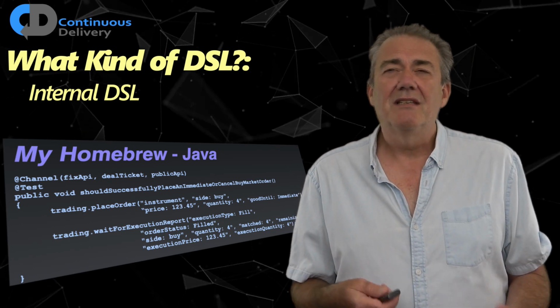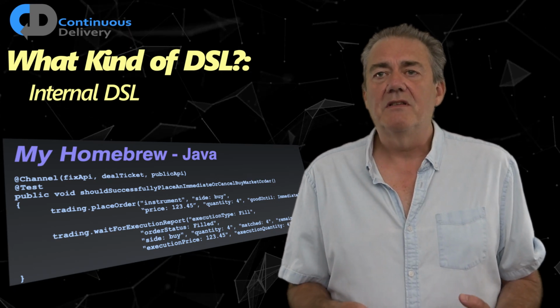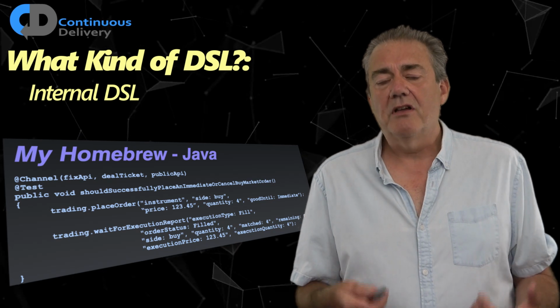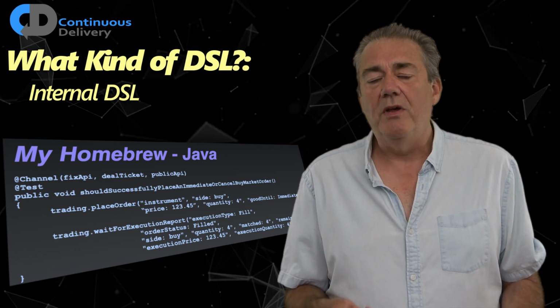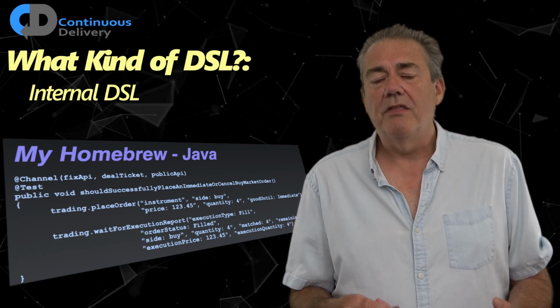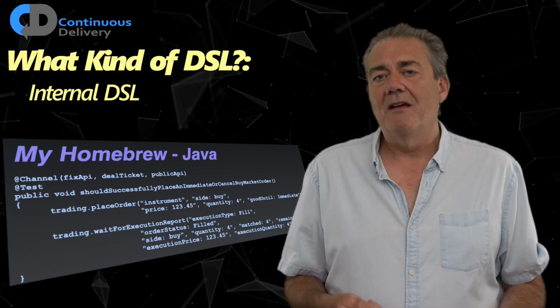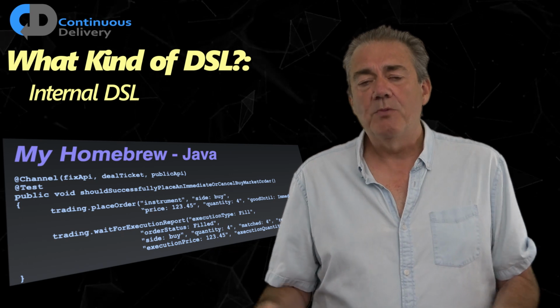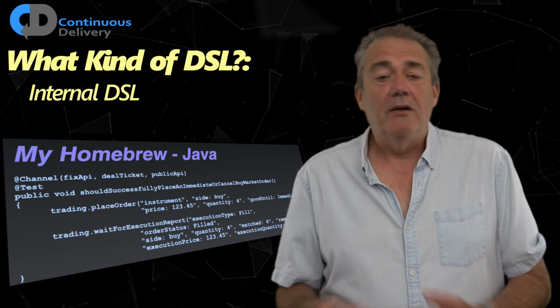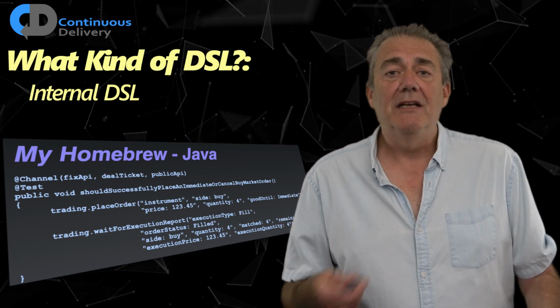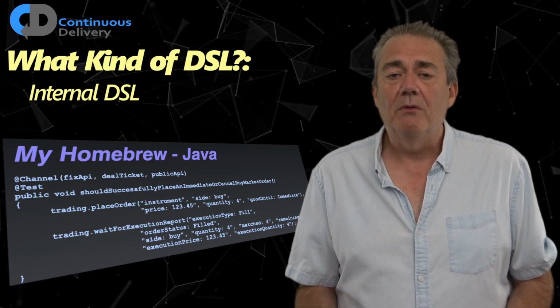But in these cases, I think one of the significant differences in terms of the kind of DSL that you end up with in an internal DSL rather than an external is that we worry less about the natural language part of the problem, and we're just going to create an easily computable grammar within our language set.